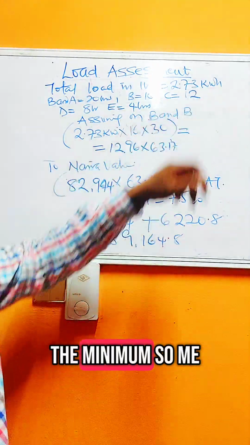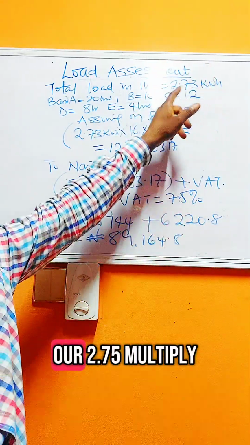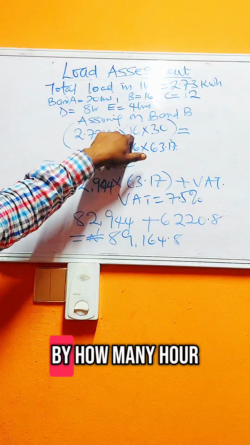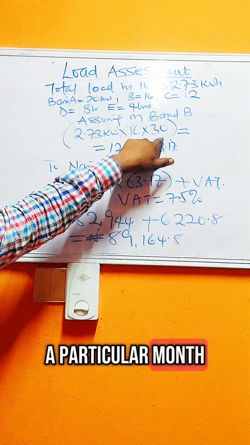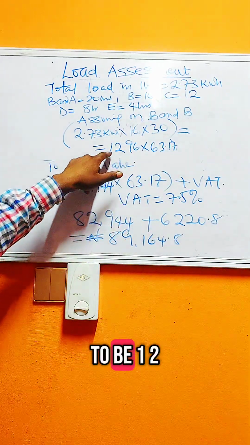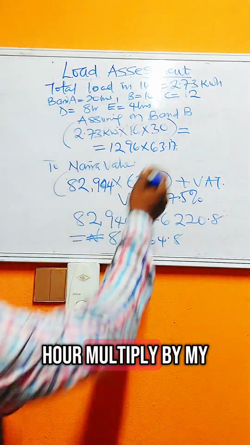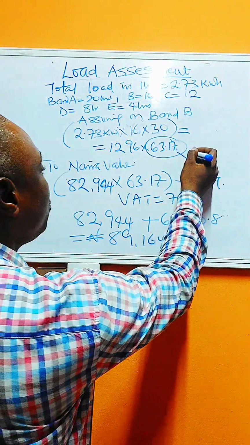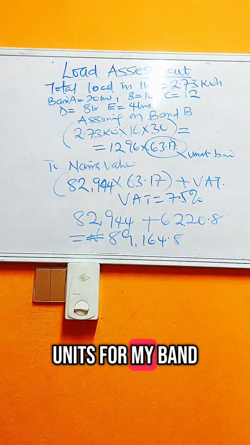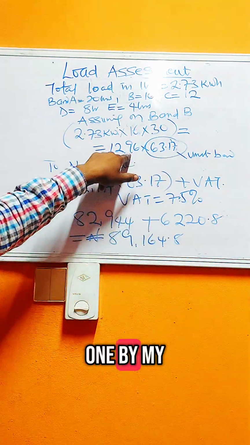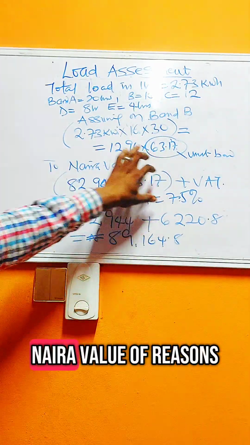So let's assume I'm on Band B. This total consumption in kilowatt-hours, 2.75, is multiplied by the hours I get in 1 day, times 30 days in a month. That gives me 1296 kilowatt-hours, which I multiply by the tariff, the amount per unit for my band. I multiply this by my total units in 1 month, and that gives me the naira value.